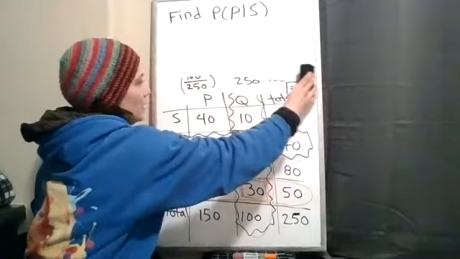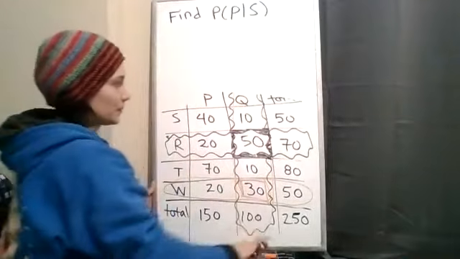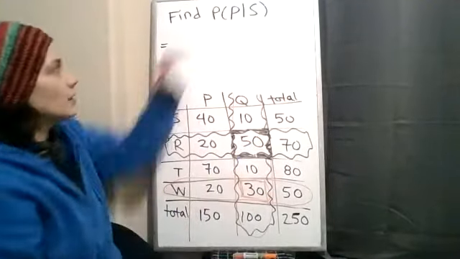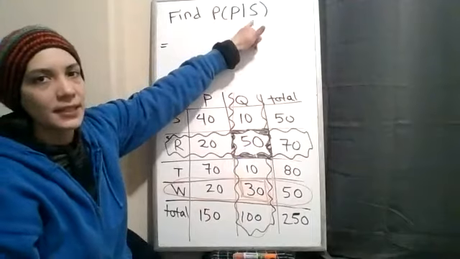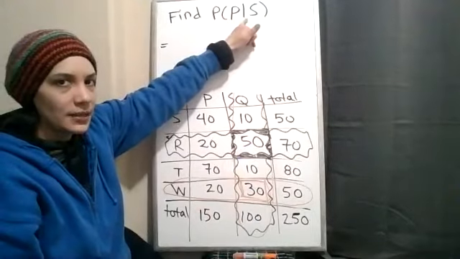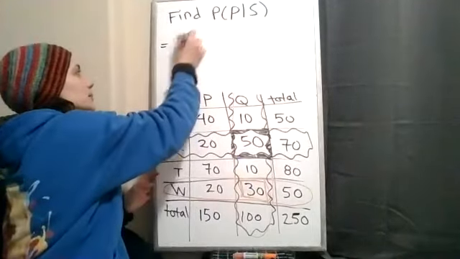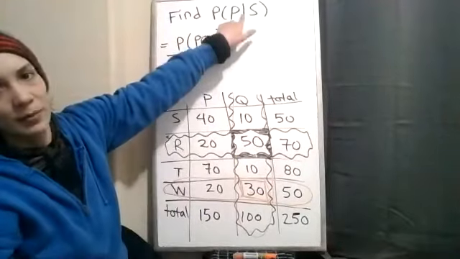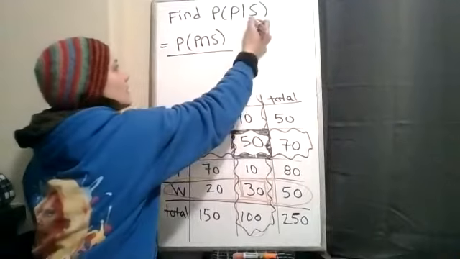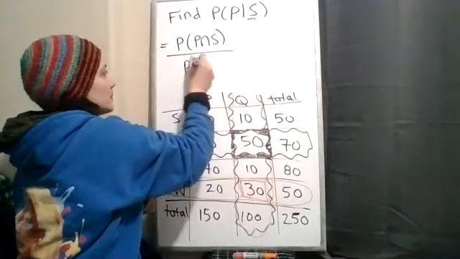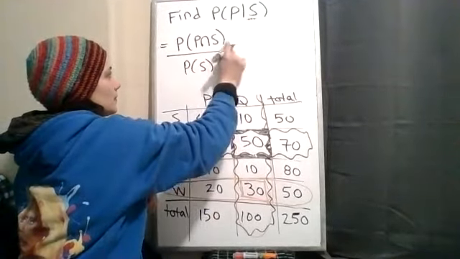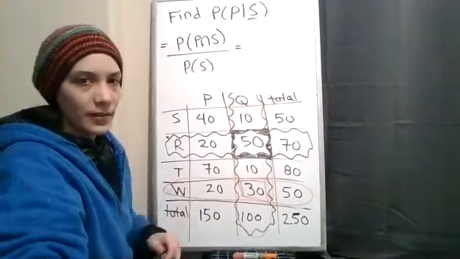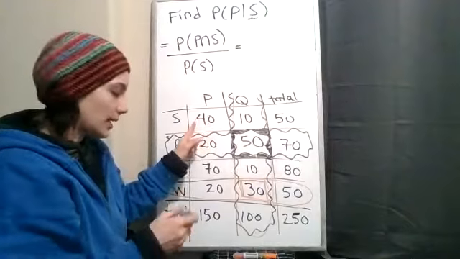Let's do this. Probability of P given S. It's probability of P intersect S, and then divide by the probability of S. Okay, probability for P intersect S. Find P, and it intersects with S right here.